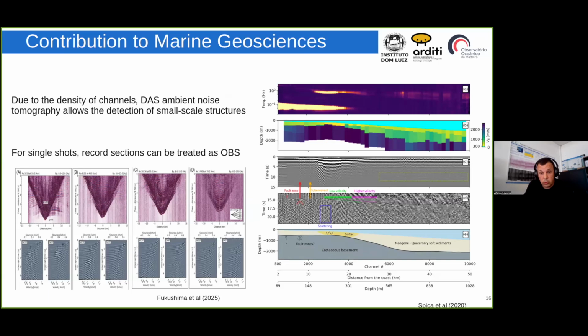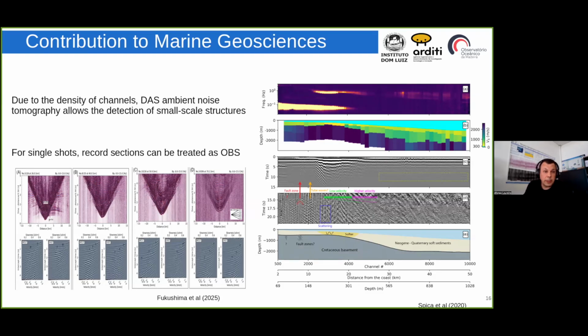We can also leverage the high resolution that DAS is capable of to image small structures with ambient noise tomography. This is one example from Spica, Jack Spica, where with ambient noise tomography, they could isolate one small basin.